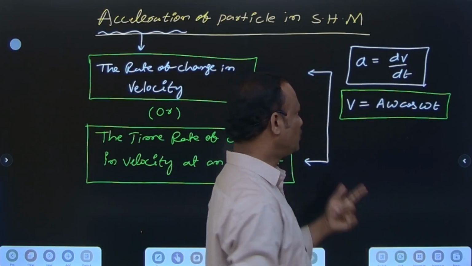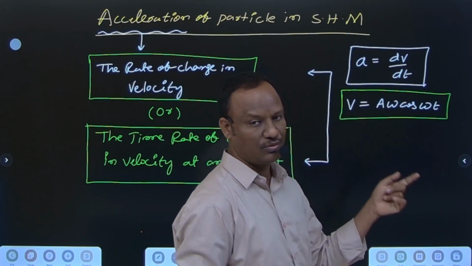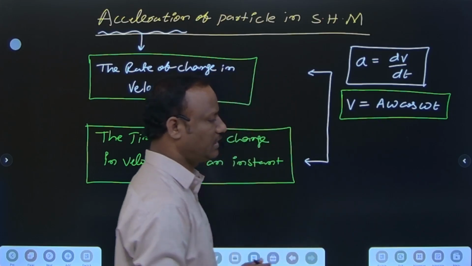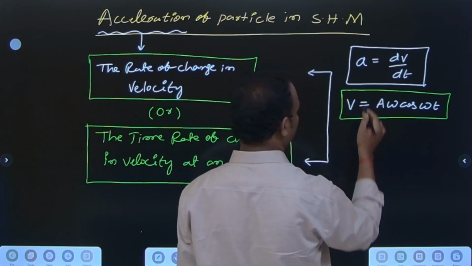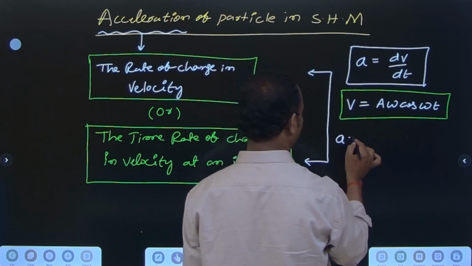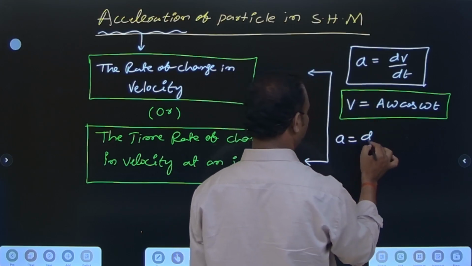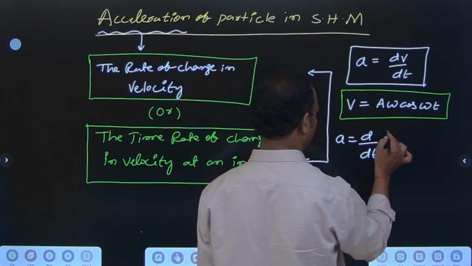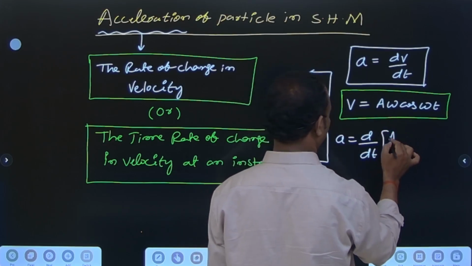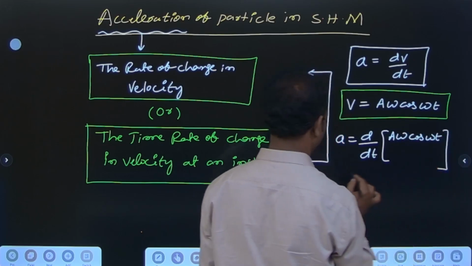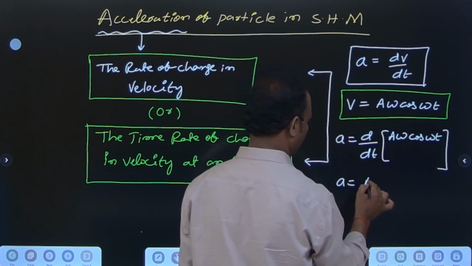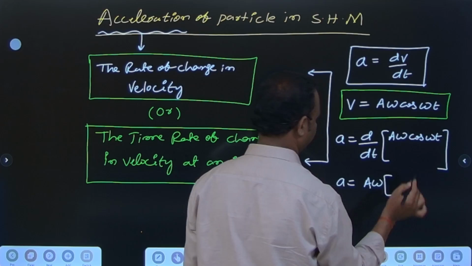With respect to position, we would need to go for omega under root of A square minus X square. If we use this, acceleration a is equal to d by dt of A omega cos omega t. A omega stays as it is.